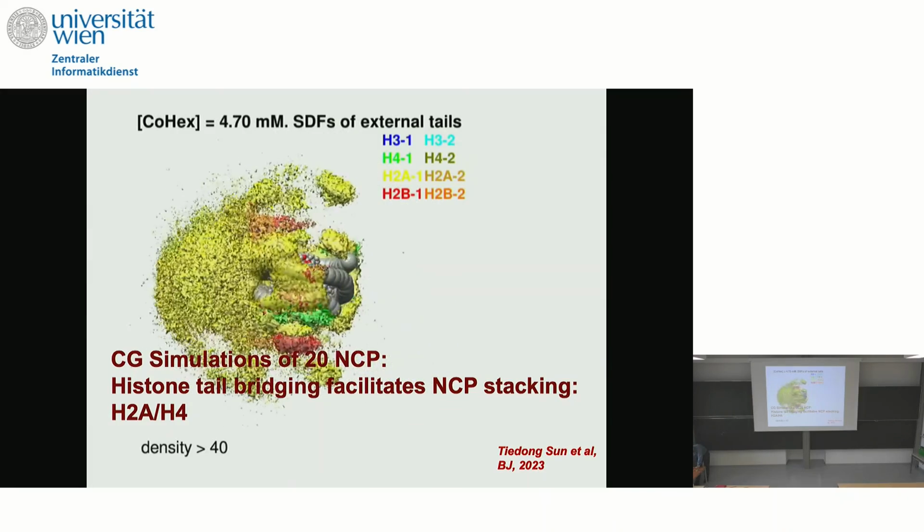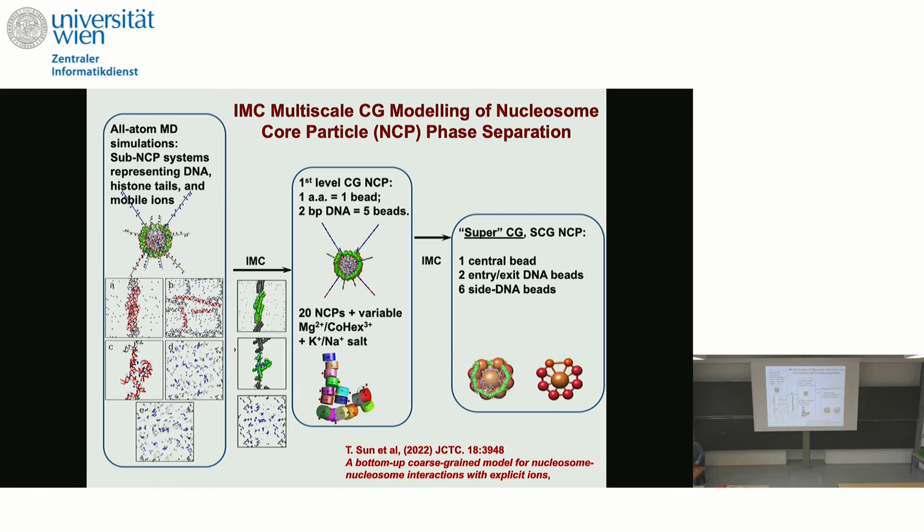Okay, so moving on, having established this coarse-grained nucleosome core particle model, we went on to design a super coarse-grained model of the nucleosome core particle, modeled here. It just has 9 beads: 6 beads that are the same, for the DNA strands binding on the histone core, plus 2 different beads here at the dyad point.